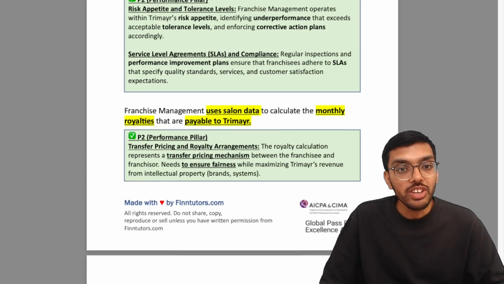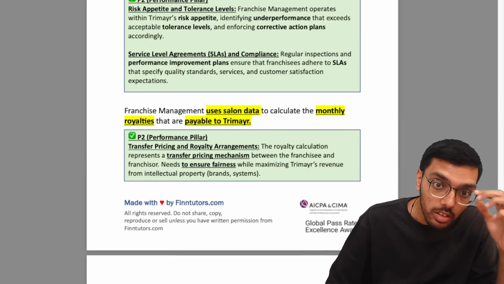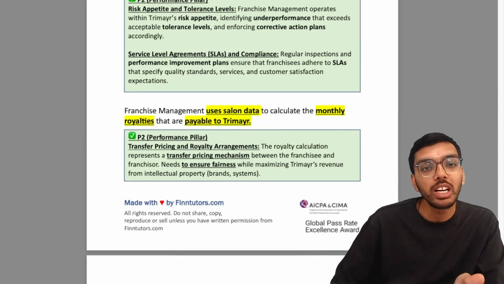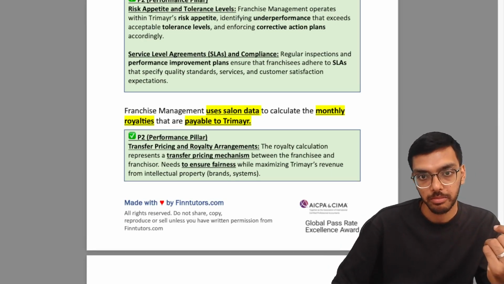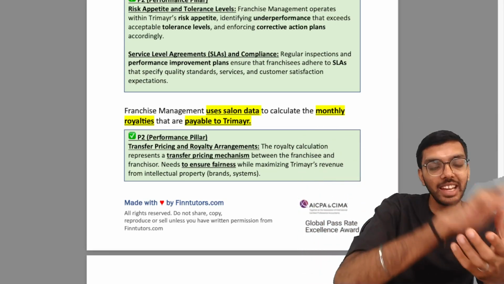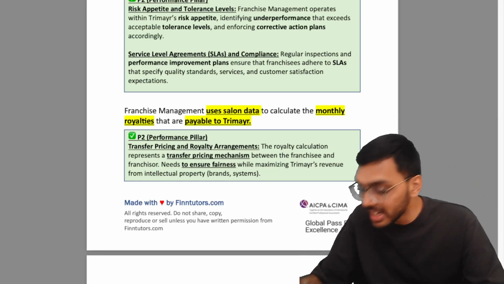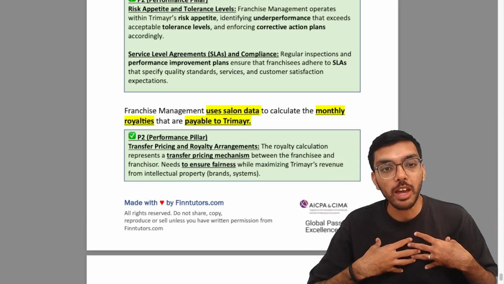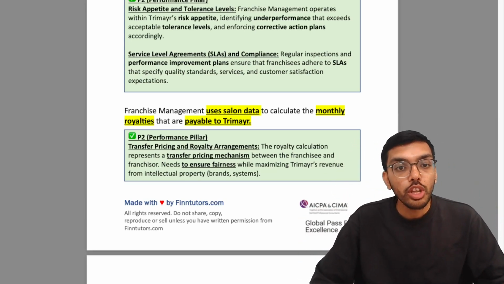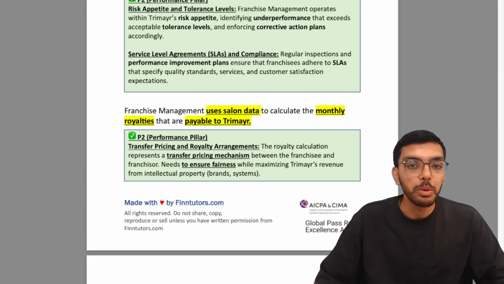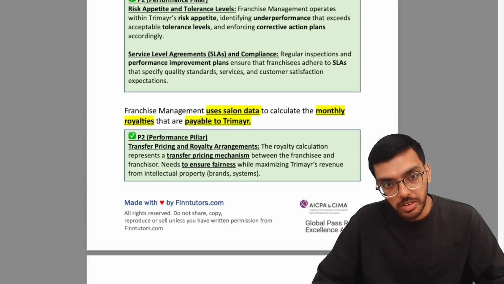Next, franchise management uses salon data to calculate the monthly royalties that are payable to Trimayr. So the point of sale data that we get at the end of the month, franchise management calculates the royalties that we are going to get. So the royalty calculation represents a transfer pricing mechanism between the franchisee and the franchisor.